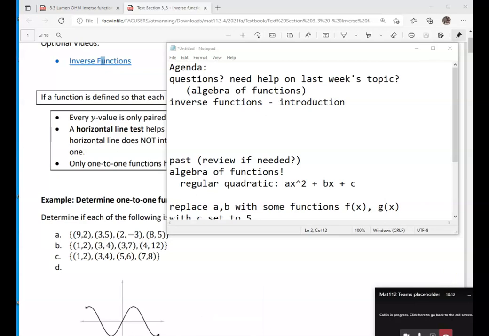And that was, where did it go here? Gotta find it now. Let's see here.